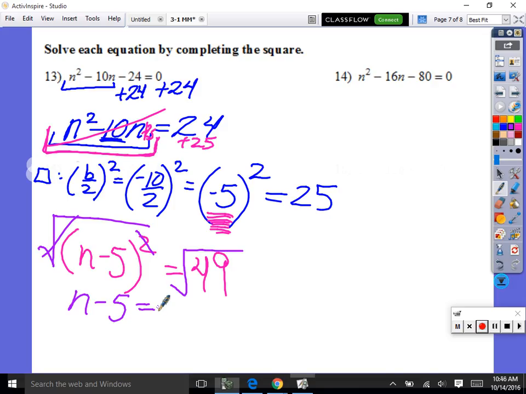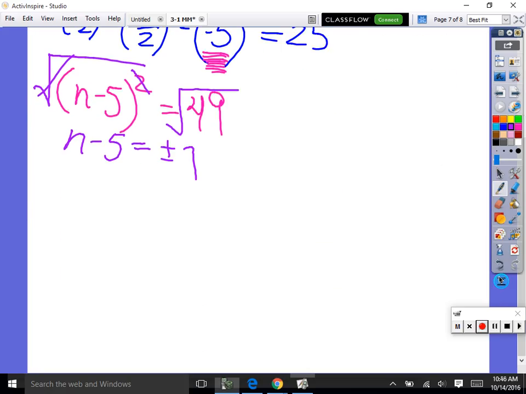So we get plus and minus 7, right? So then we'll split it up. So we have n minus 5 equals positive 7. And we also have n minus 5 equals negative 7.